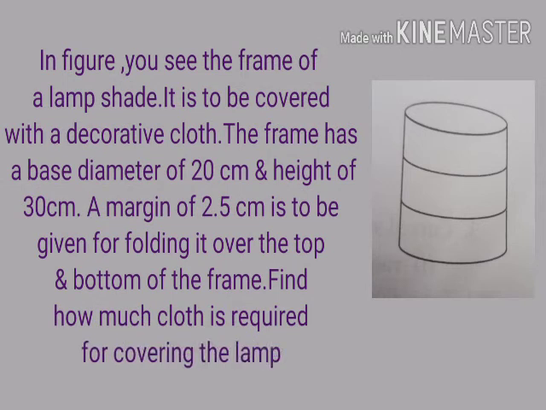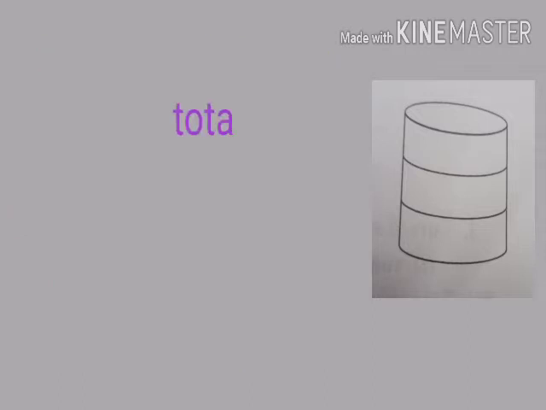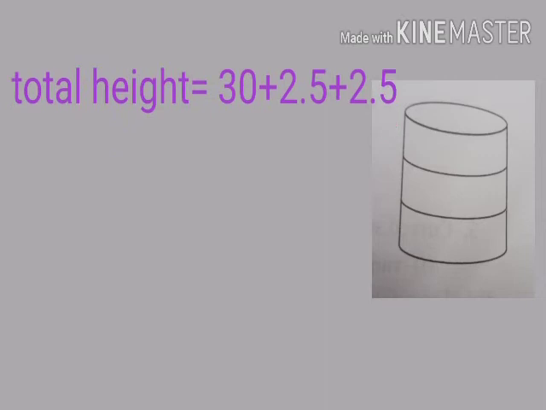According to the question, the shape of the lampshade is cylindrical. Its diameter is given and height is also given. It is already given that there is a 2.5 centimeter margin on top and bottom. So the total height of the cloth required is 30 plus 2.5 plus 2.5, that is equal to 35 centimeter.